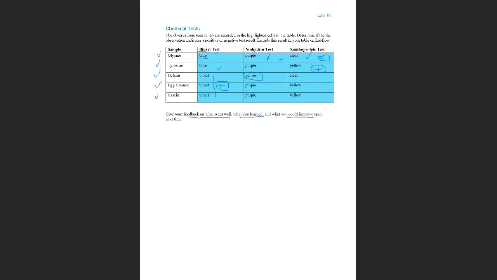For example, when you did denaturation with a base and it stayed clear, is that right? What were you supposed to do? Maybe you need to make the pH a little bit more basic. What happened with the alcohol? For example, maybe it was too slow and you didn't wait enough. Think about those things to complete your report.